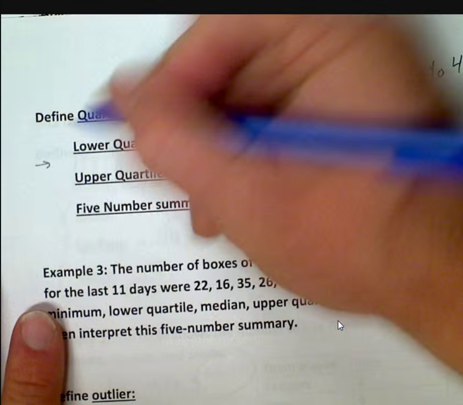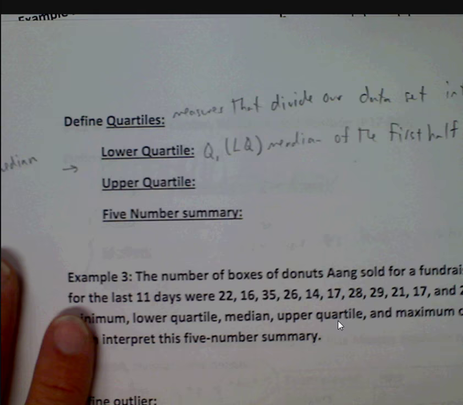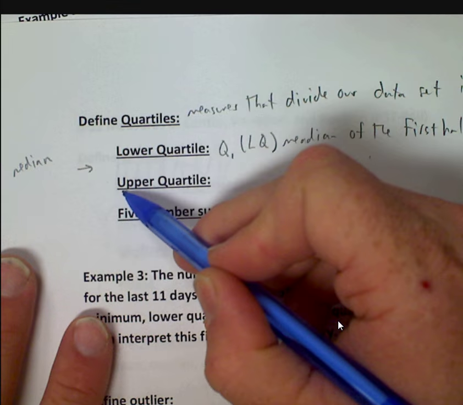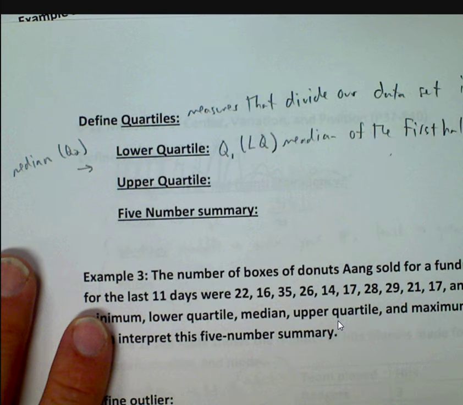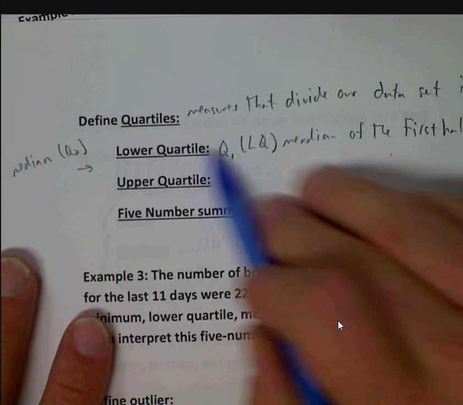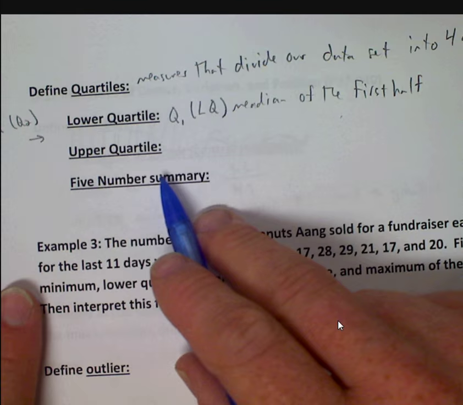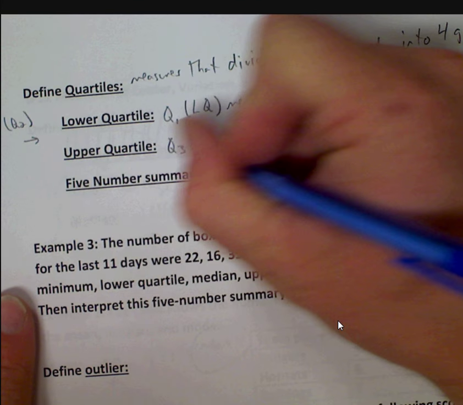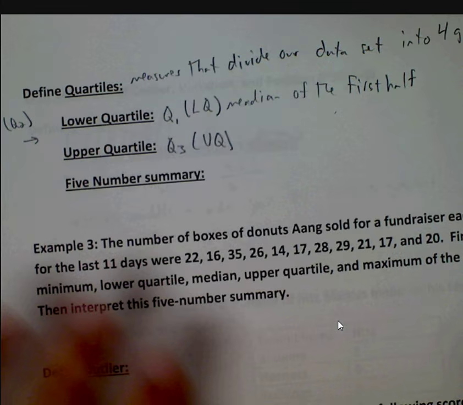Then something that I didn't put, the median, which we already know what that is. The median is what splits the lower half and the upper half. This is the Q2, quartile 2. This is the first quartile, second quartile. Then we have the upper quartile, known as Q3. I like to say UQ, shorthand.